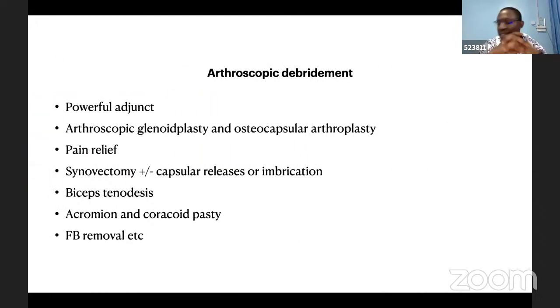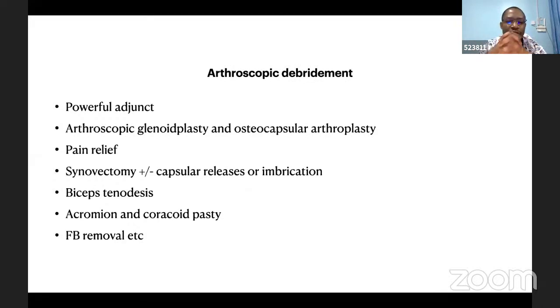Arthroscopic debridement. It's a powerful adjunct for people who do arthroscopy, to be able to debride the shoulder. I think it has a very big role in patients who have rheumatoid arthritis, because they tend to have a lot of synovitis, and the synovitis can cause them pain.